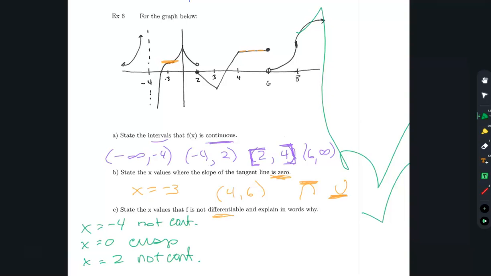And it's not differentiable at x equal +4 because that's a corner. It's not differentiable at x equals 6 because it's not continuous. And at x equal 8, it's a vertical tangent. So all of those are where the derivative doesn't exist.